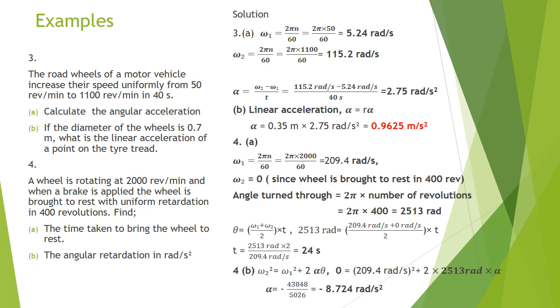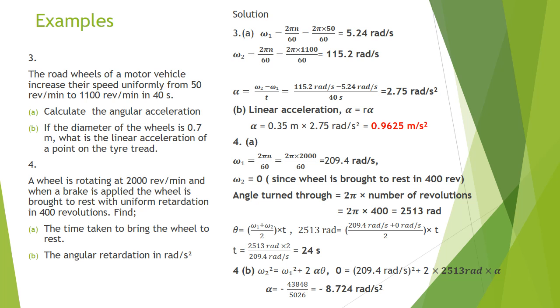In 400 revolutions, the angle turned through will be 2 pi times the number of revolutions, which is 2 pi times 400, which will give us 2513 rad. So that is the angle turned through.